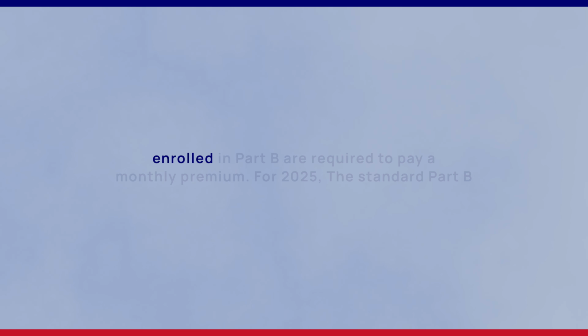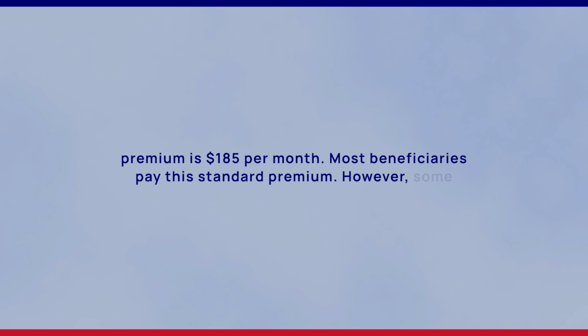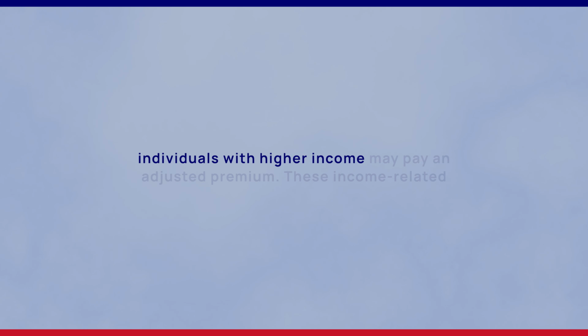Next, we will review Medicare Part B premiums. All beneficiaries enrolled in Part B are required to pay a monthly premium. For 2025, the standard Part B premium is $185 per month. Most beneficiaries pay this standard premium. However, some individuals with higher income may pay an adjusted premium.